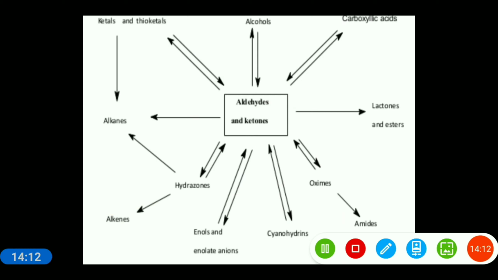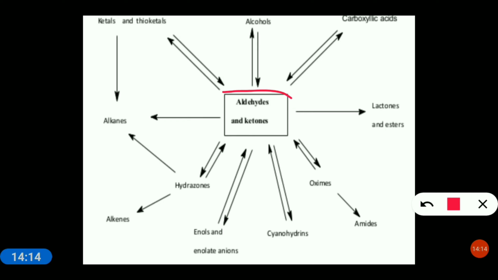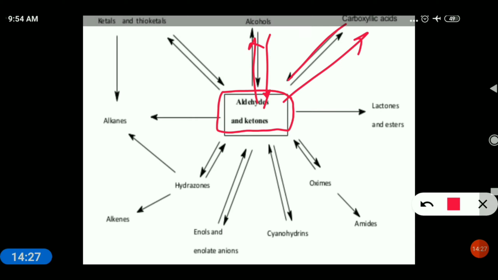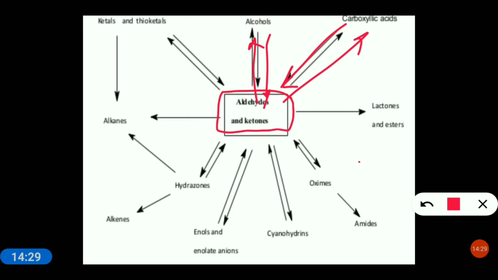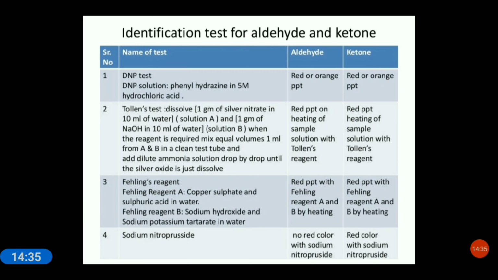This flowchart is there for your reference. If you see the flowchart, you will be able to do the conversions: how you can convert aldehyde and ketone to the corresponding alcohol and back, carboxylic acid, and back. So try to solve this flowchart on your own so that you can do the conversions easily.